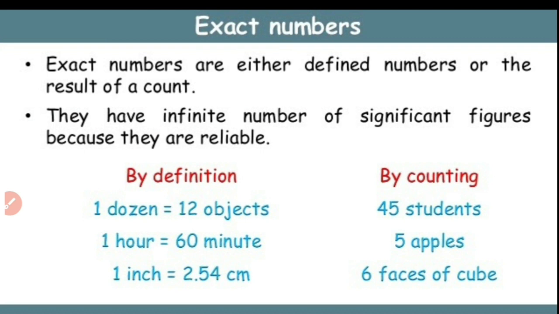In that, 4 and pi are there. 4 does not have any unit, so the number of significant figures is infinity. Pi also does not have any unit, so the number of significant figures is infinity. In the measurement r, the radius, there comes a definite number of significant figures. Is that clear? So there are constant values or numbers which we consider exact numbers, which have an infinite number of significant figures.